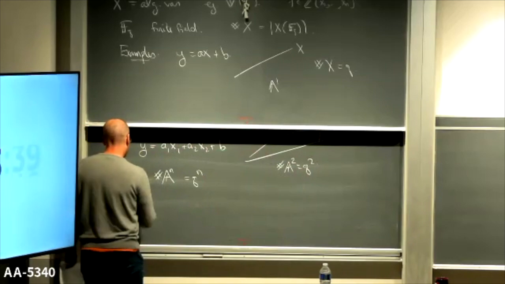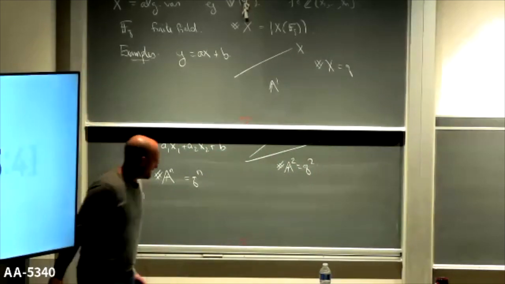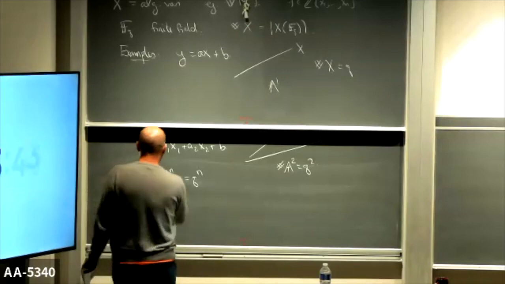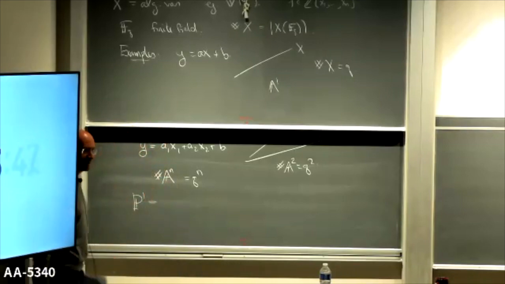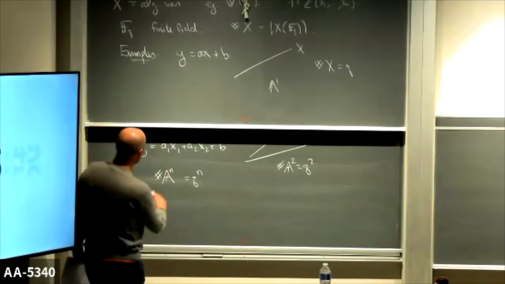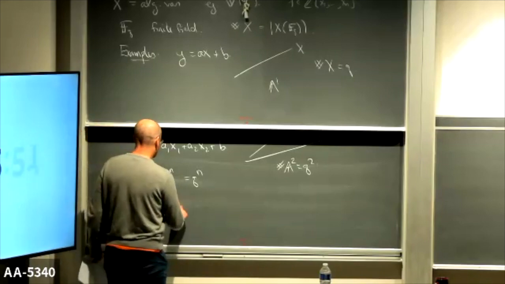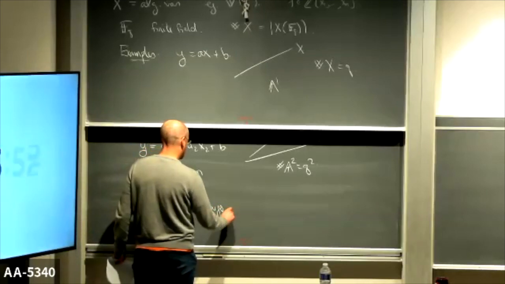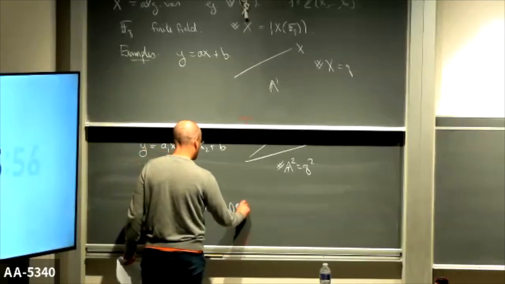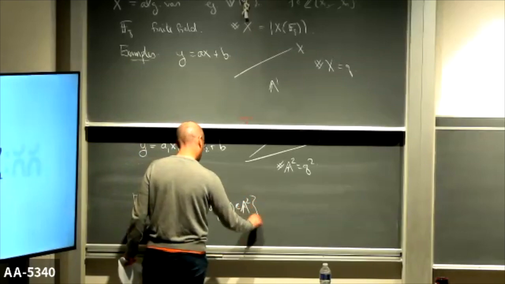So now let's do another example. So here we have some algebraic varieties or moduli spaces. So we could take P1, which is a good example of a moduli space. So it's the space of lines through the origin in the affine plane.